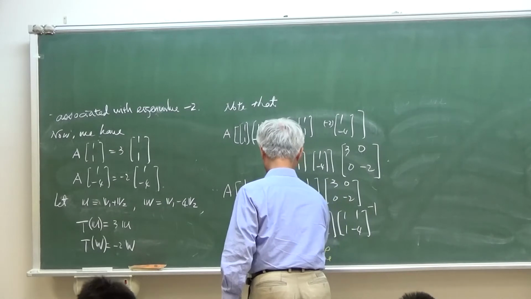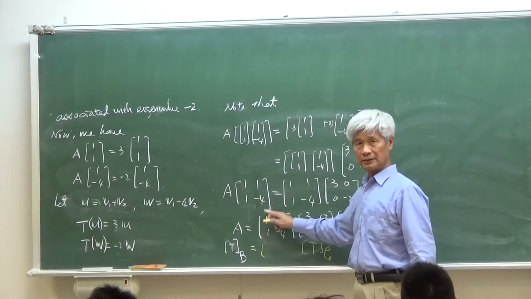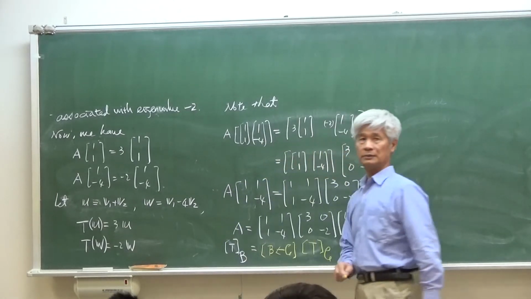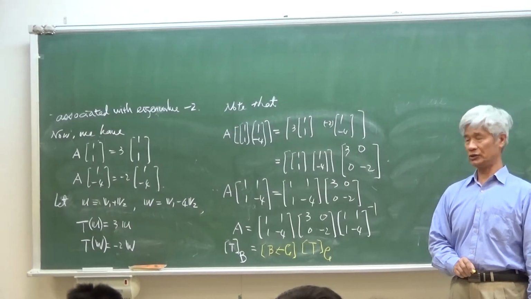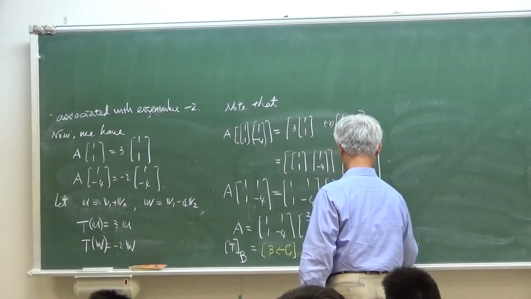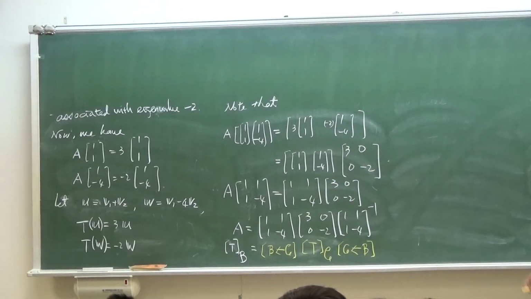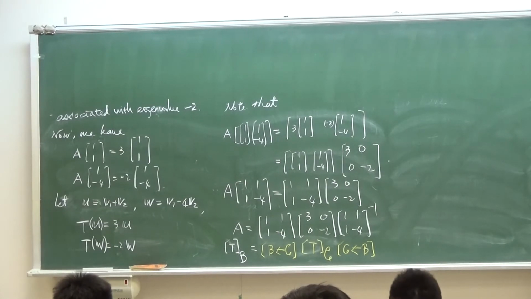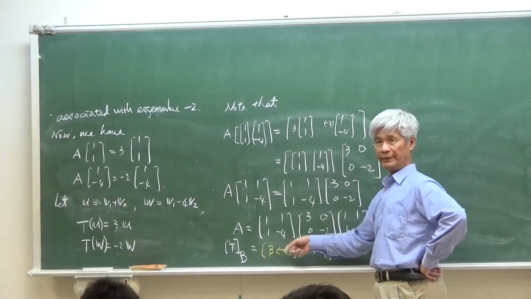And so in that situation, what is this? This should be a transition matrix for coordinate change. And this should be now here.